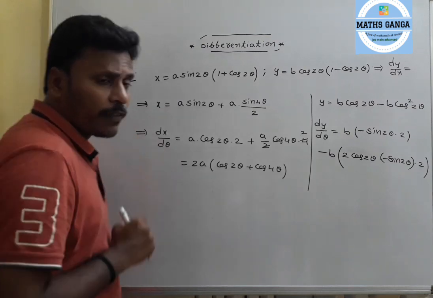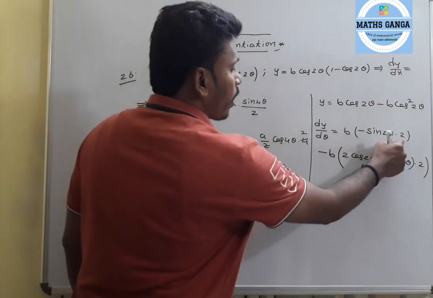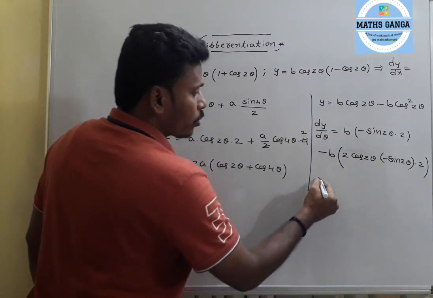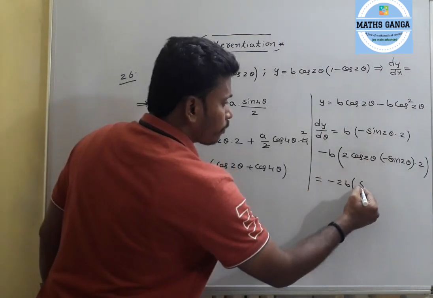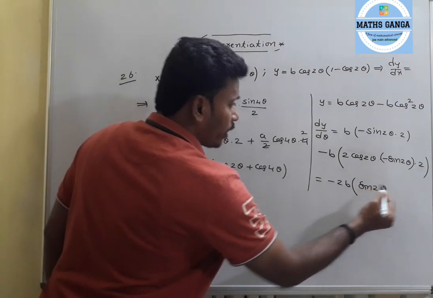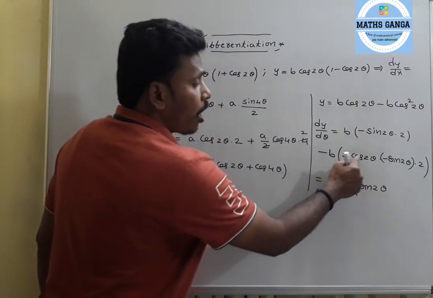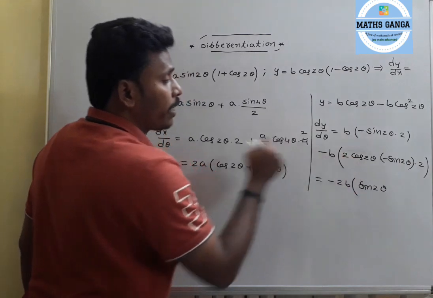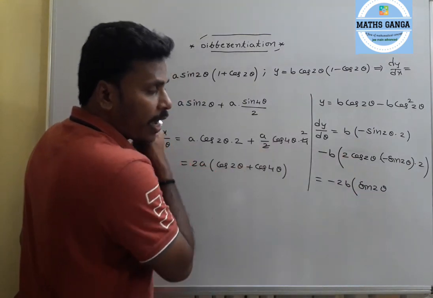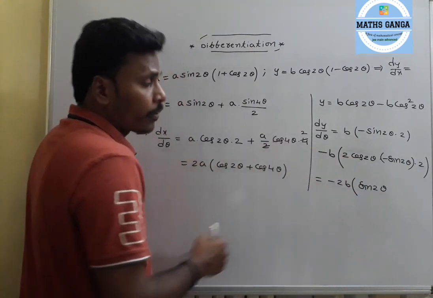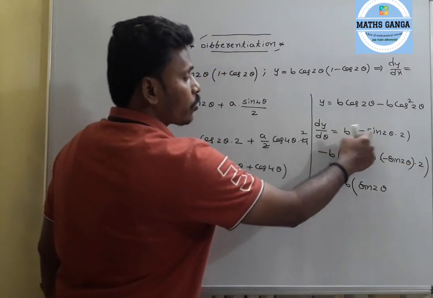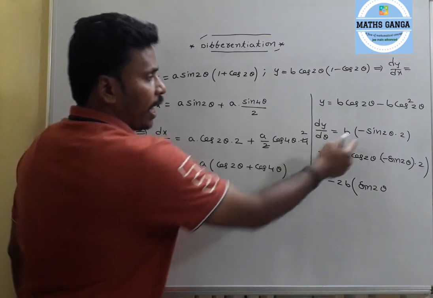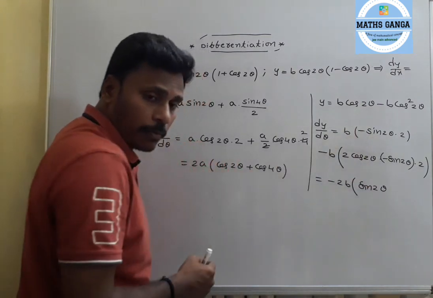Okay. Altogether if you observe, we have a chance to collect 2b as a common factor. So this is equal to minus 2b into, here we have sin 2 theta and then 2 cos 2 theta sin 2 theta. I just collected minus 2b, right? So minus b into 2, minus 2b out here, we are left with sin 2 theta from the first term.